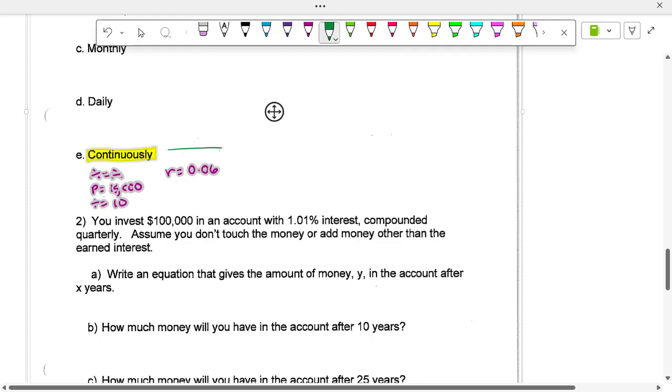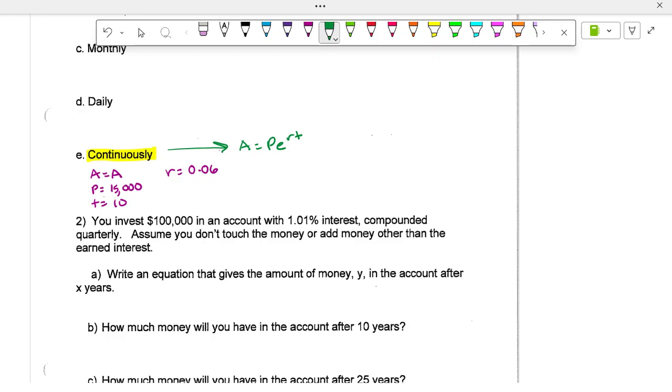And we're going to put all of this in the formula, A equals P E to the RT power. So I have A is equal to 15,000 times E, I'm just going to write the letter E, and I'm going to raise it to 0.06 times 10.